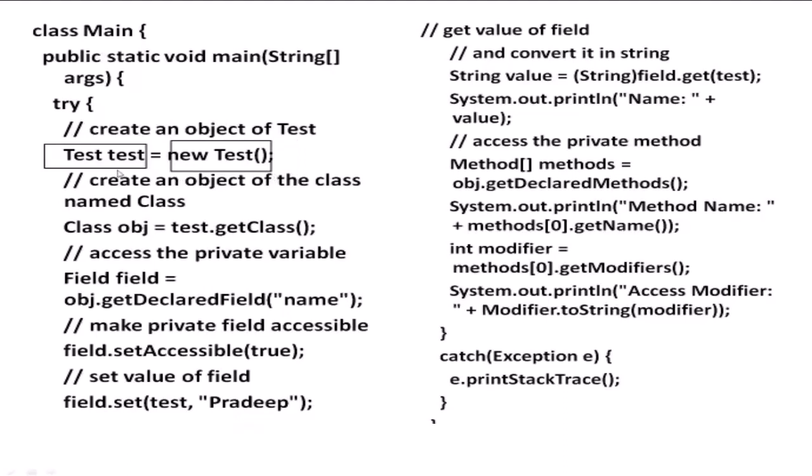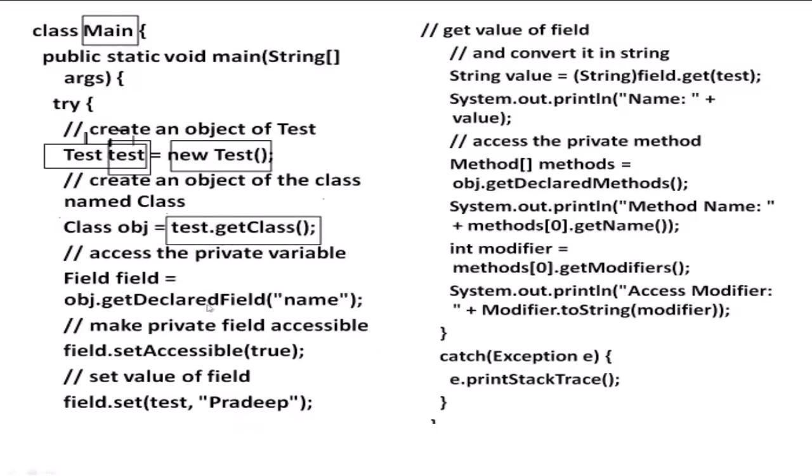If you notice, both the class name and object name are the same, but the only difference is the capital letter; here we have a small letter. Next, one more thing: we are going to create a class object. By using test, we use test dot getClass. That is another kind of reflection method.